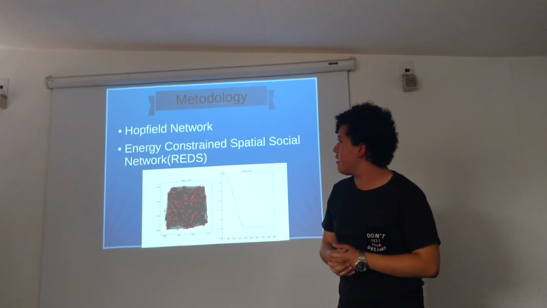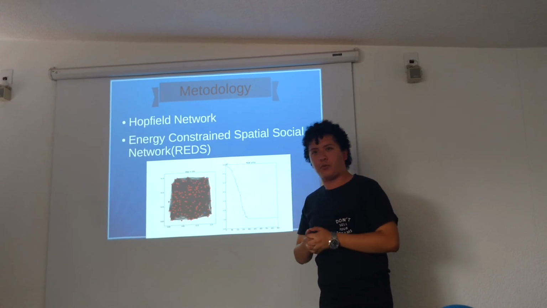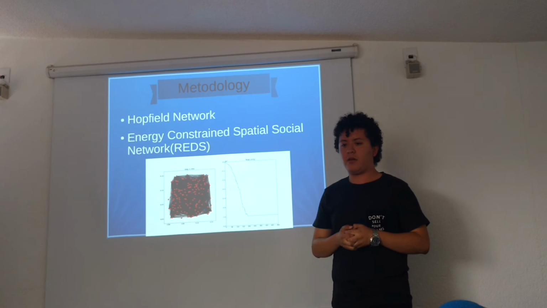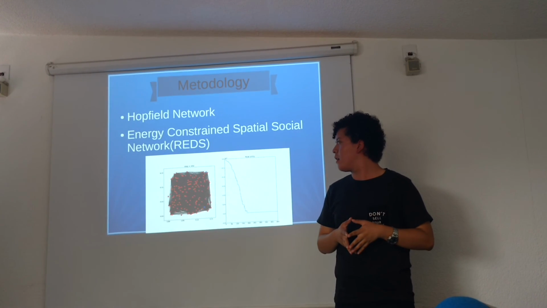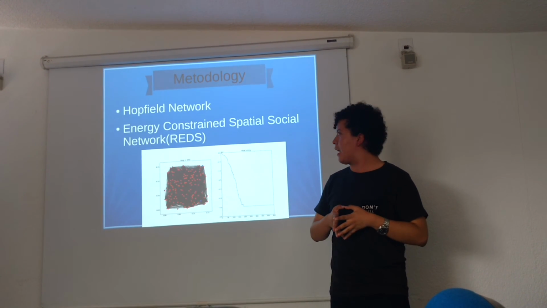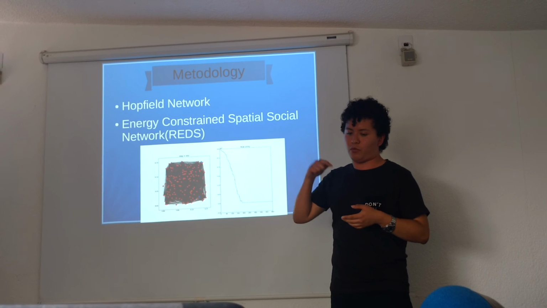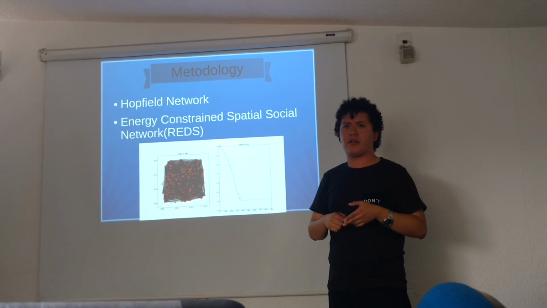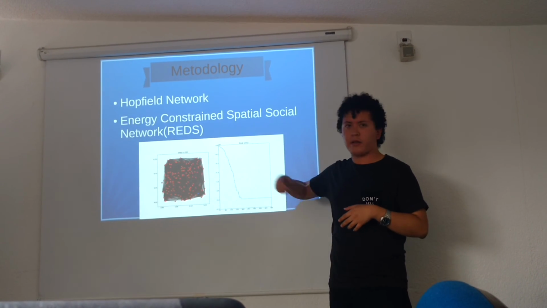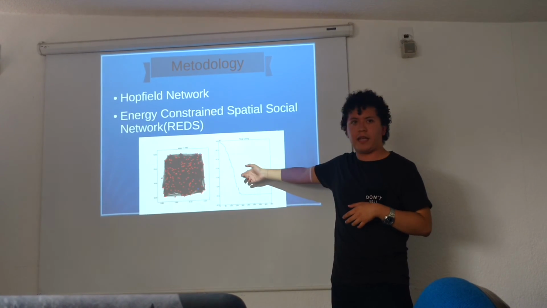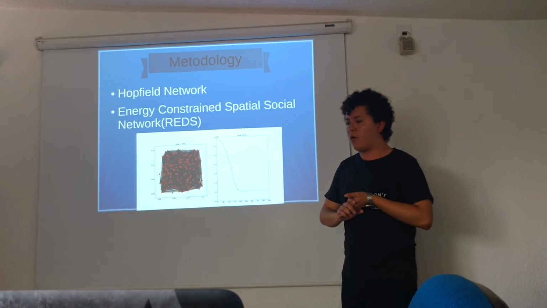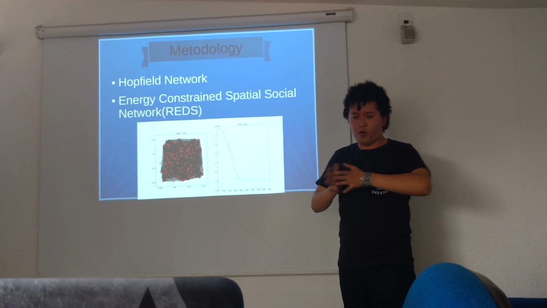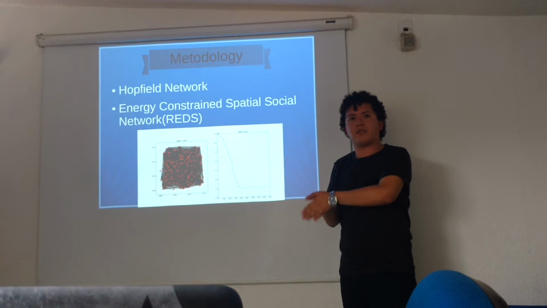In this experiment, we use a REDS topology. We generate a REDS topology, and then we run a traditional Hopfield network over the REDS topology to test if the Dunbar's number is correct.